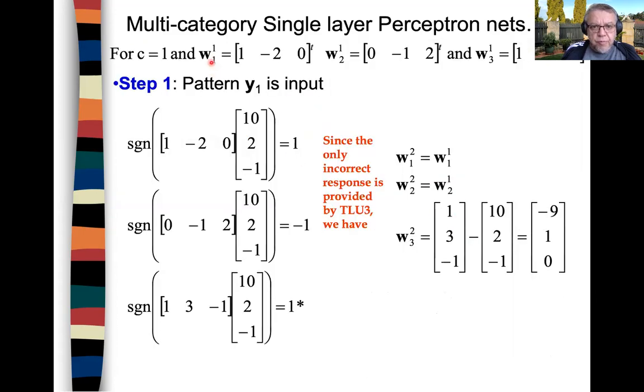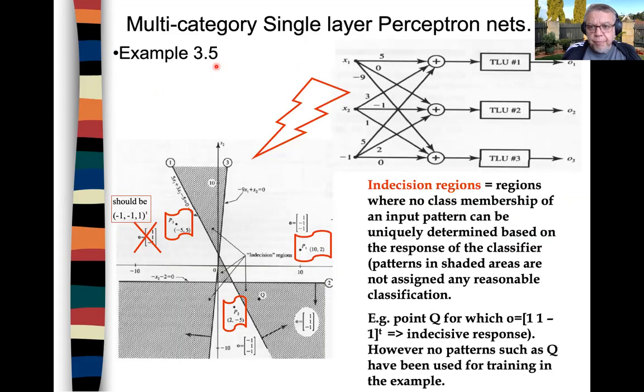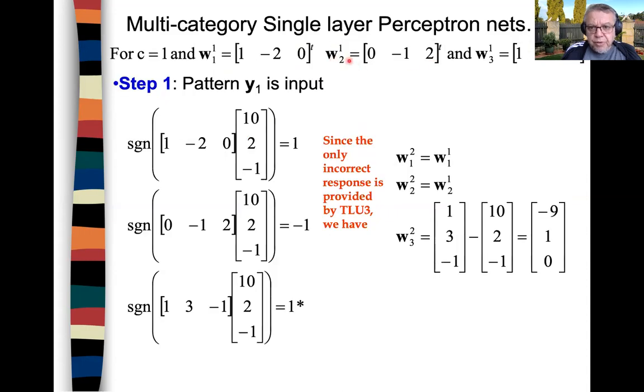Then our initial weights are equal to 1, -2, 0 for the first threshold logic unit. For the second threshold unit, this is the initial weight. For the third threshold unit, this is the weight. This corresponds to the first iteration, or actually the initial iteration.